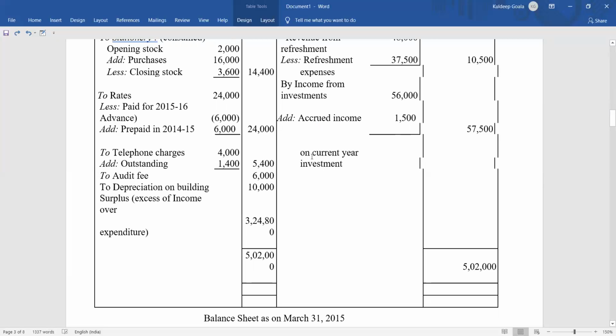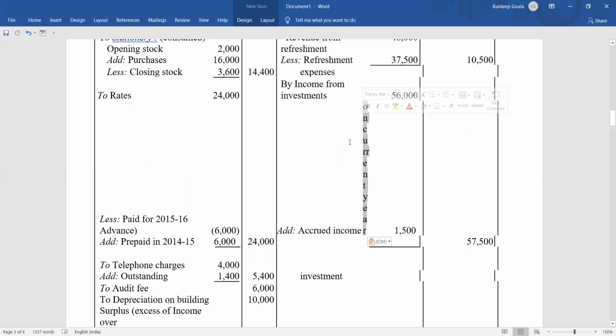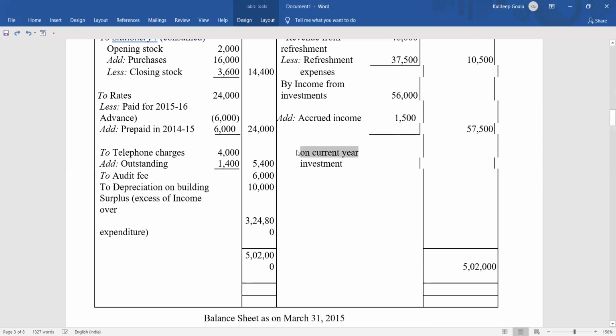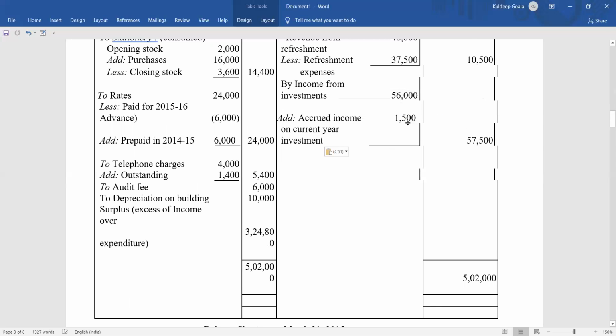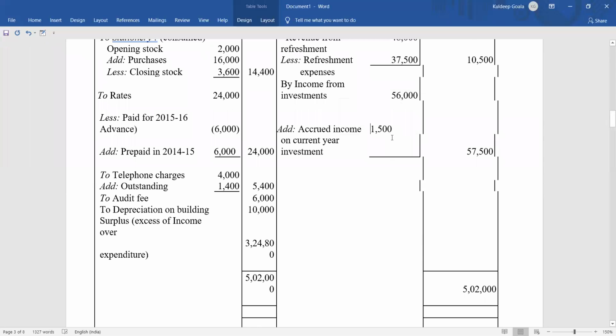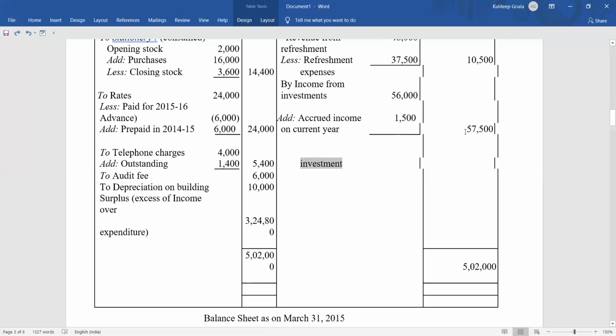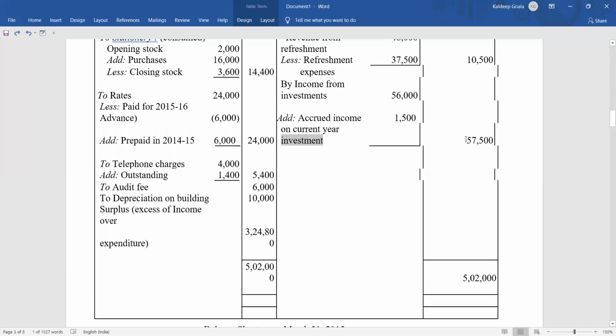Just a minute, I'll just try to adjust it here because there is some page setup problem. Most of the pages are having these issues. Yeah. So accrued interest on investment for the current year was 1,500. So this 1,500 will be added and it comes to 57,500 rupees.